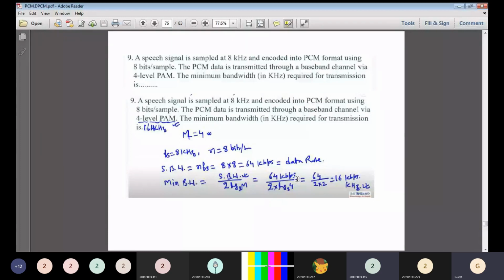The minimum bandwidth is the data rate divided by 2 into log of M with base 2. So the value of bandwidth is 64 kilobits per second divided by 2 into log of M, that is 4, equal to 64 divided by 4 equal to 16 kilohertz.